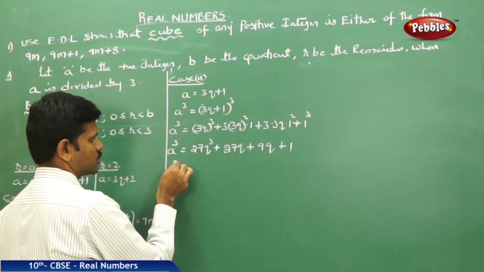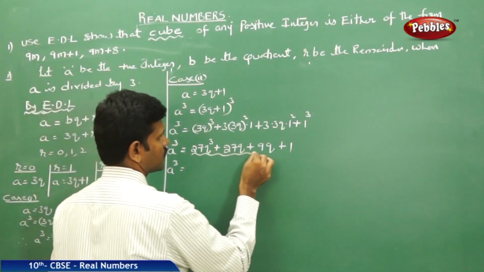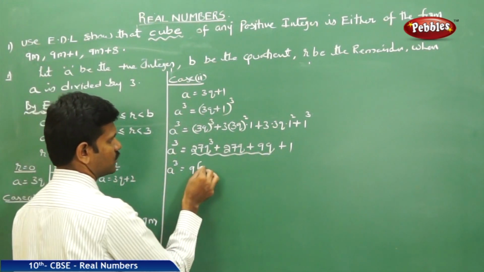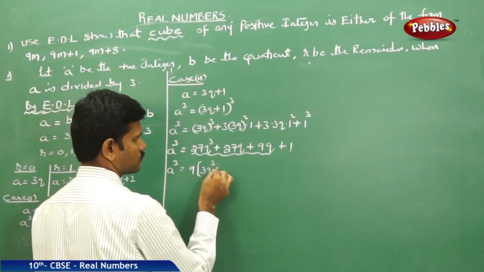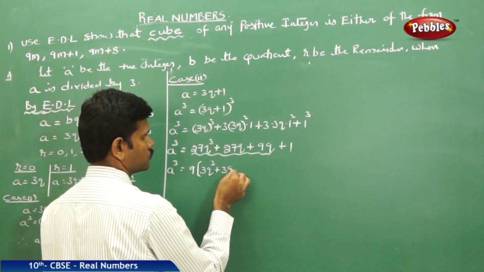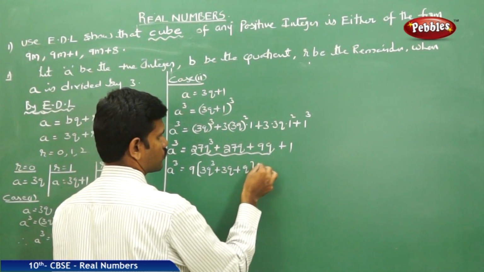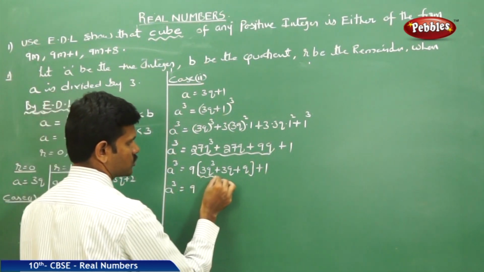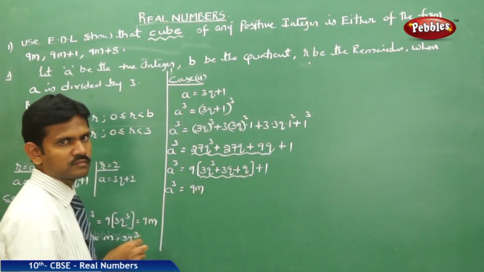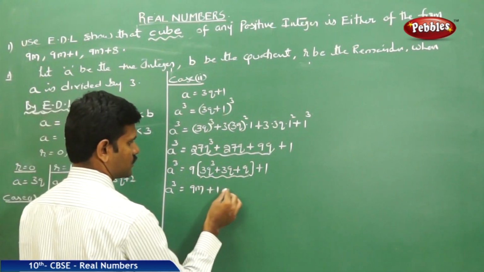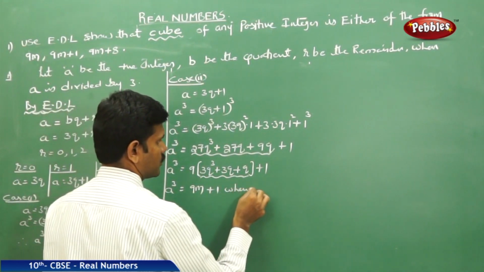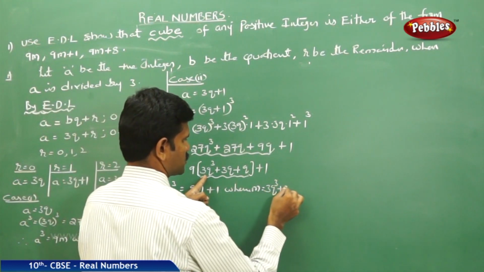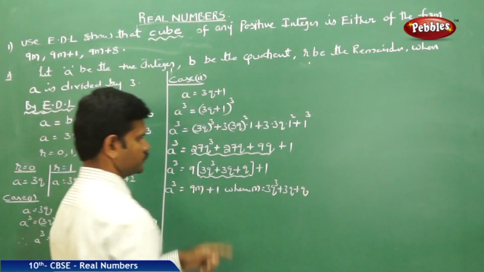That is, a cube is equal to, from here to here, please take 9 common. If you take 9 common, 3q cube plus 3q square plus q, plus 1. Now, a cube is equal to 9, the total part I imagined as m, 9m plus 1, where m is equal to 3q cube plus 3q square plus q.